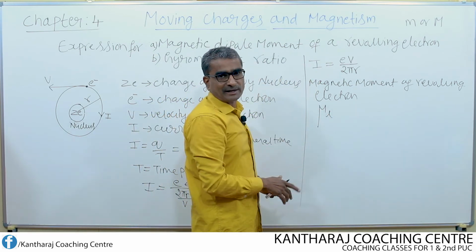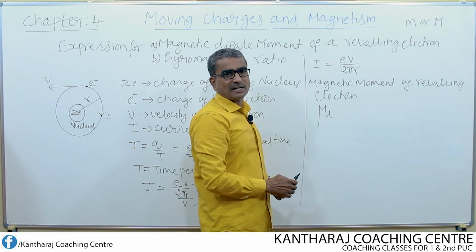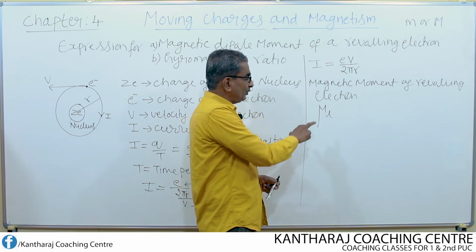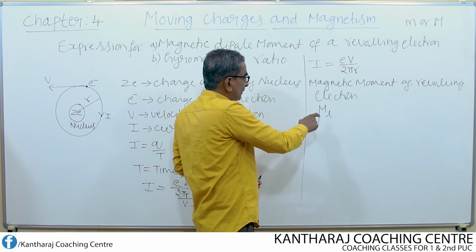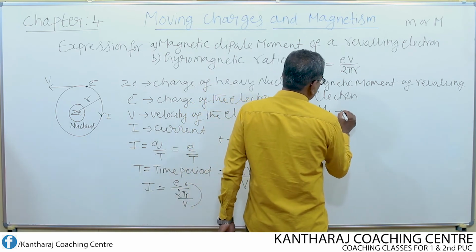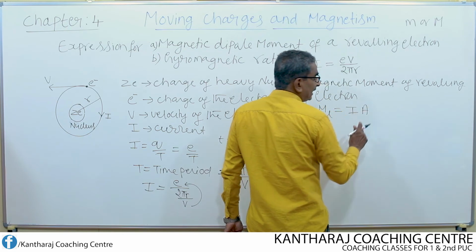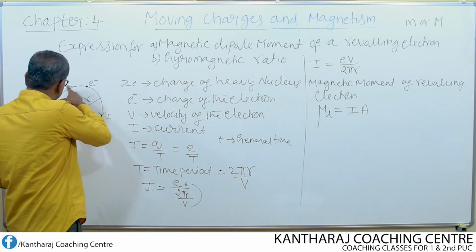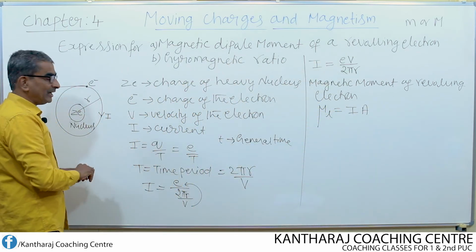Don't use small m or capital M. We use the notation mu L. Mu stands for magnetic moment and L represents the orbital motion here. So mu L equals current into area of the circular path, or area of the orbit.